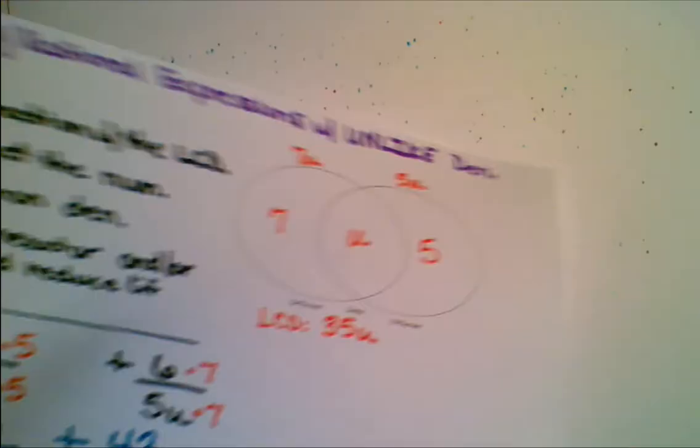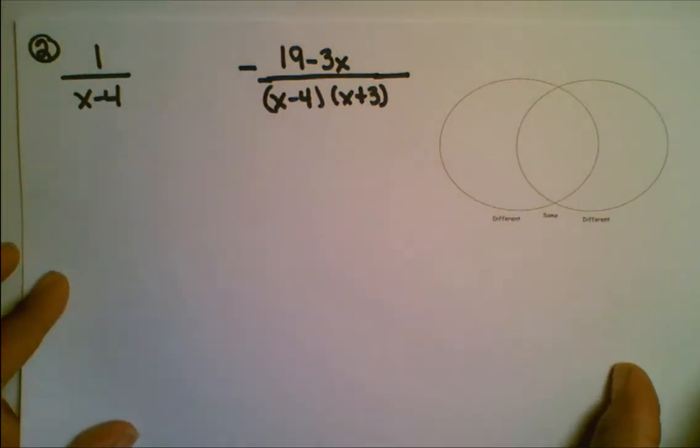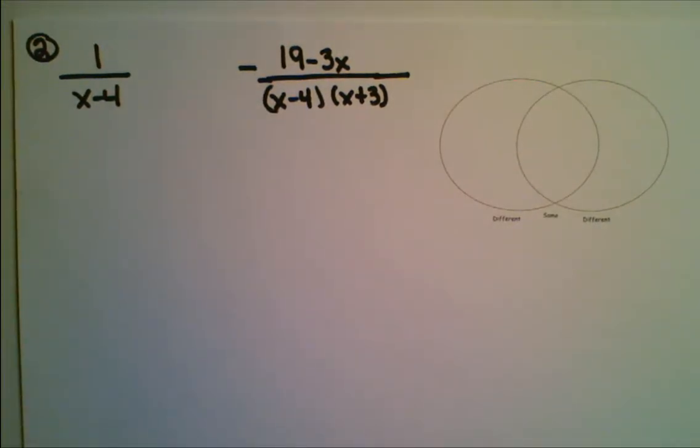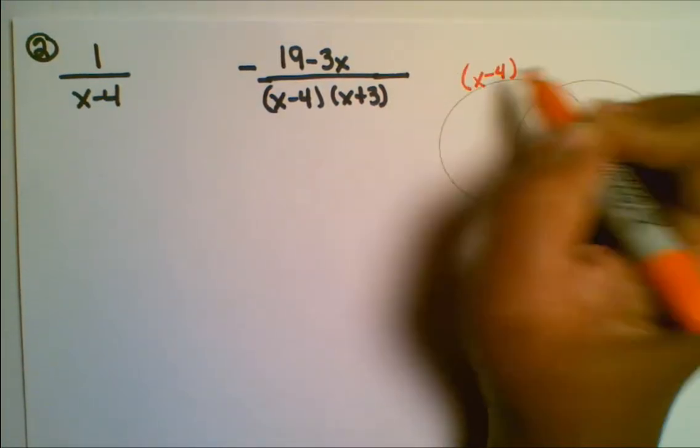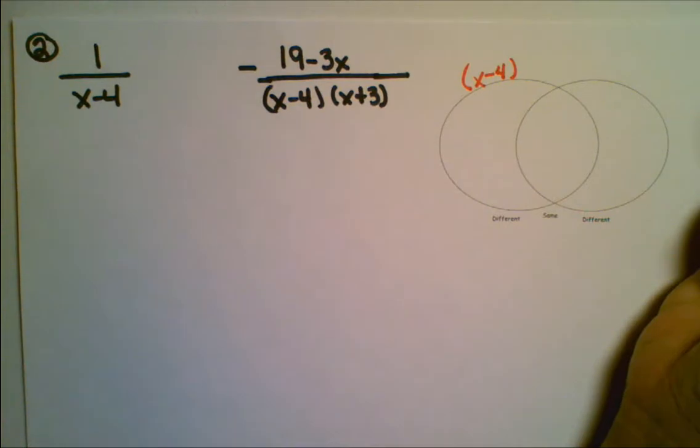Let's do another example. Example 2. We have 1 over x minus 4 minus 19 minus 3x all over x minus 4 times x plus 3. All right, so the first circle will represent x minus 4 because we need to find the LCD.